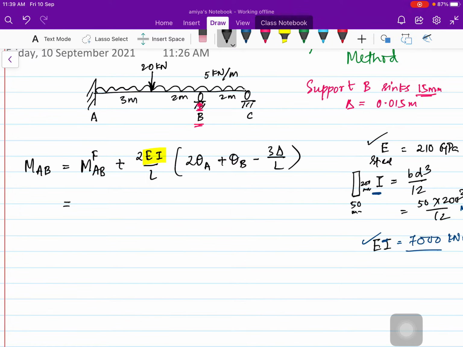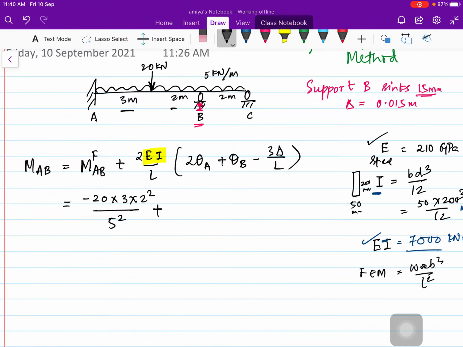Calculating the fixed end moment, for the 20 it is minus 20 into 3 into 2 square by 5 square, because the fixed end moment for a point load is W a b square by L square. Here a is 3 meter, b is 2 meter, and L is the total span, which is 3 plus 2, 5 meter.